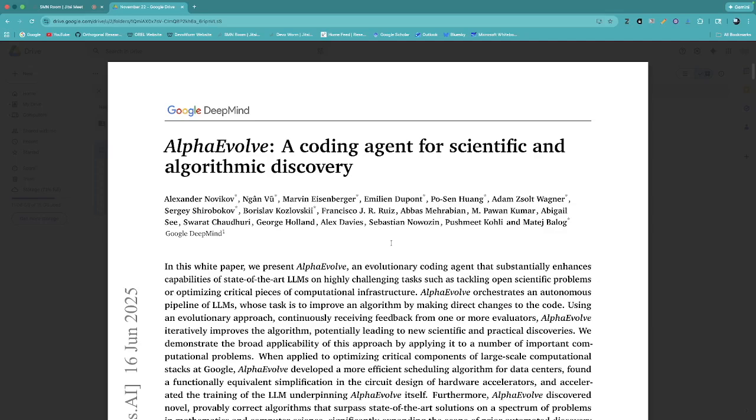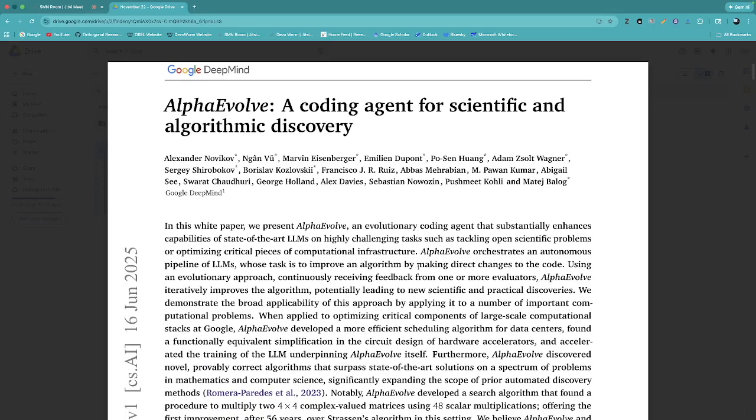So in this white paper, we present AlphaEvolve, an evolutionary coding agent that substantially enhances capabilities of state-of-the-art large language models on highly challenging tasks, such as tackling open scientific problems or optimizing critical pieces of computational infrastructure. AlphaEvolve orchestrates an autonomous pipeline of large language models whose task is to improve an algorithm by making direct changes to the code.